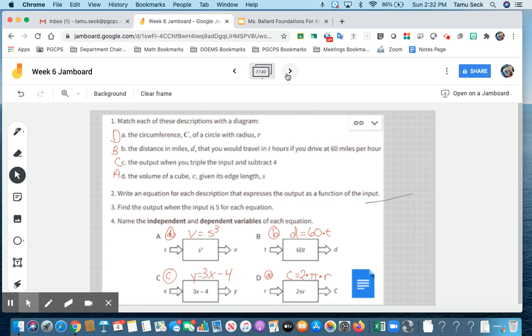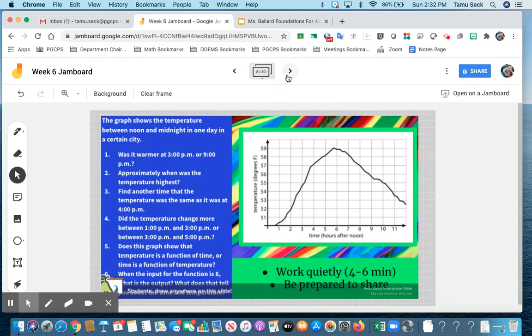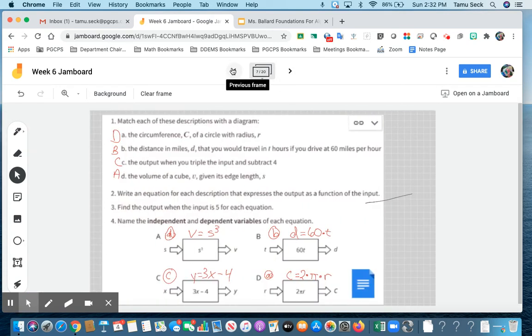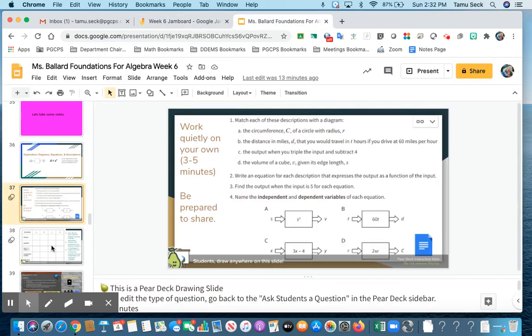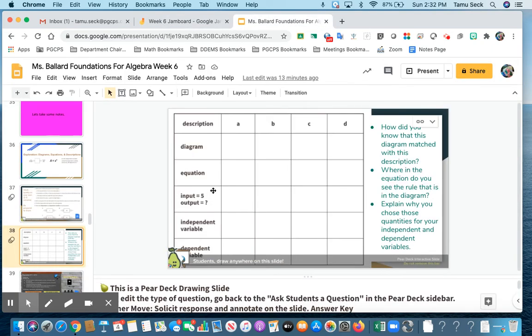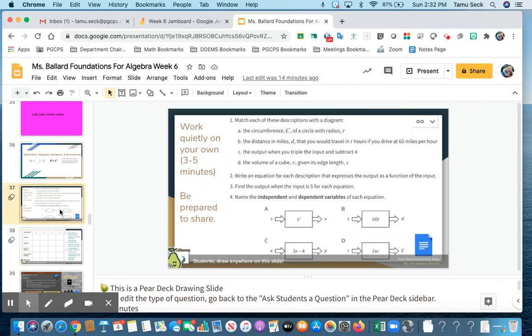So what you're going to do is we wrote the equation and then find the output when the input is 5. So for A through D, we have the equation. You can make a screenshot of the diagram.